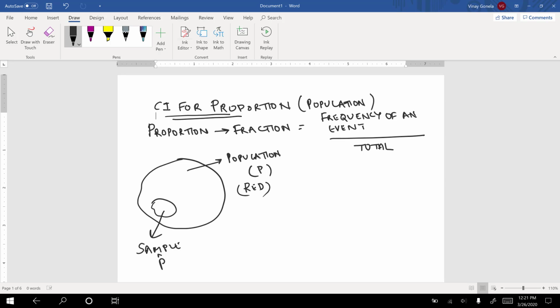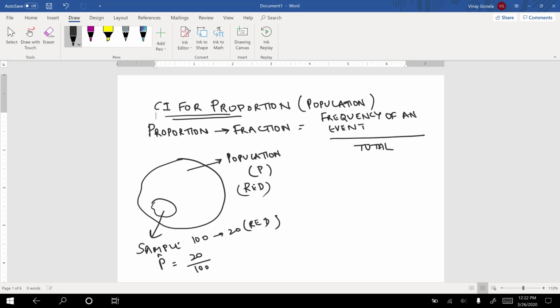It's really difficult to calculate it, so we take a sample, maybe 100 people in Killeen, and calculate how many of them like color red. Suppose 20 people like color red. Then the sample proportion would be 20 over 100. So that's how you will be calculating.